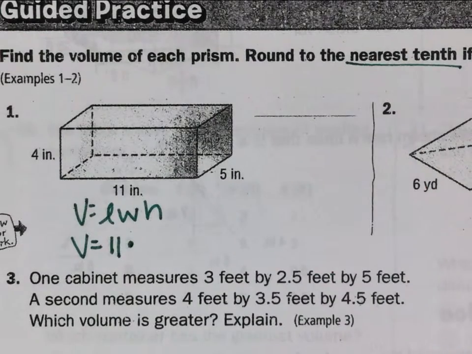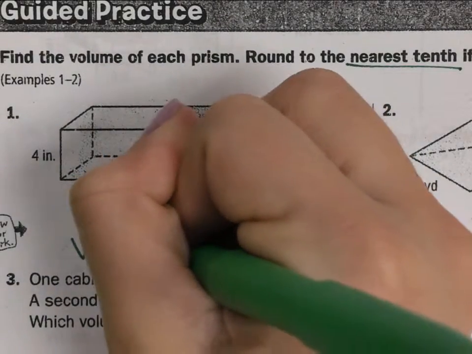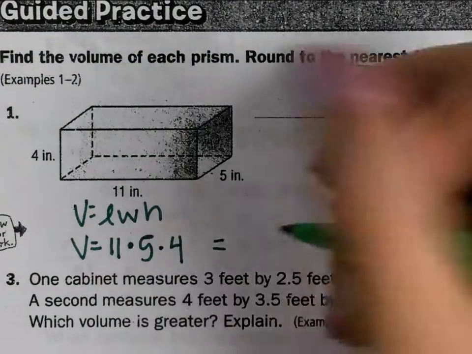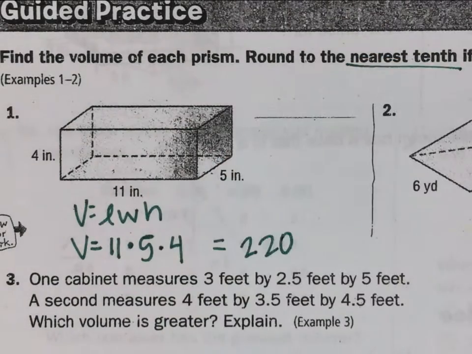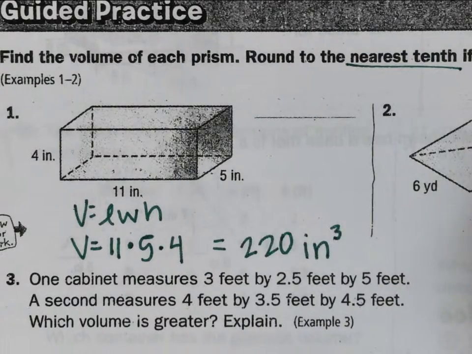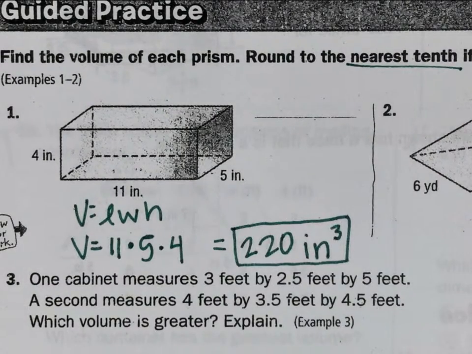What is my width? 5. And my height? 4. So when I multiply all those together, what do you get? 220. 220 what? Inches cubed. So the volume of that rectangular prism is 220 cubic inches.